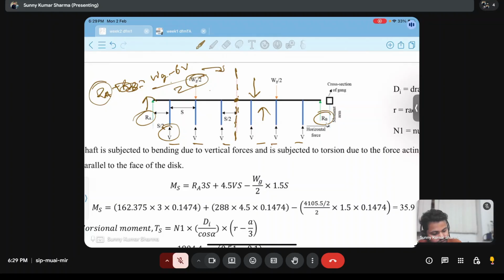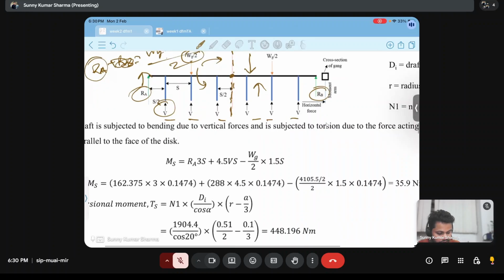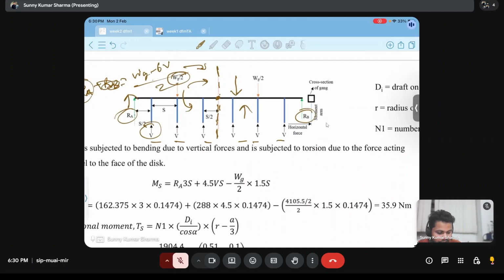Clockwise direction. And V is also trying to bend it in clockwise direction. And W is trying to bend it in anti-clockwise direction. So suppose RA and V we are taking as positive value. RA is working at a moment arm of how much distance? This is S, this is S, and this is S by 2, S by 2. Total 3S. So 3S is the moment arm for RA.